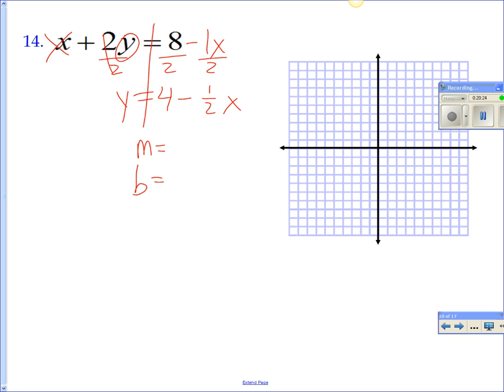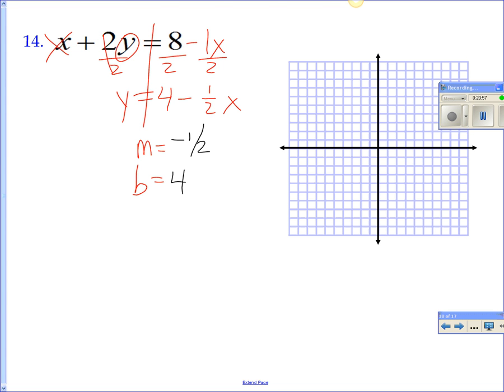All right, Summer, what is my m and my b? And what's my b? 4. Okay. All right, Steven, which one of these goes on the graph first? So what number is that?